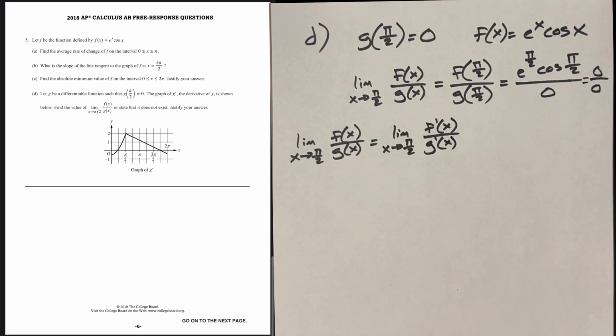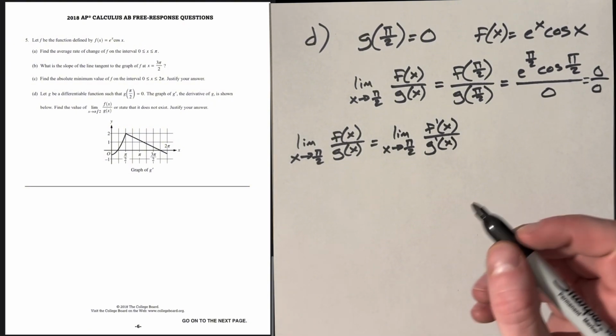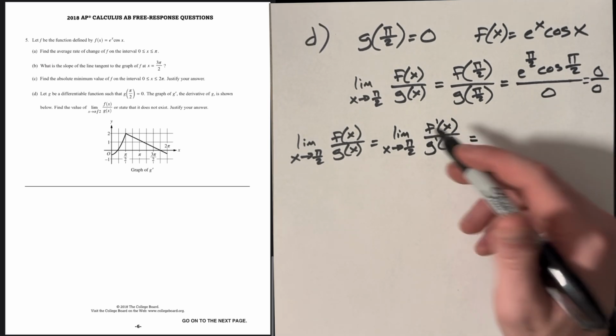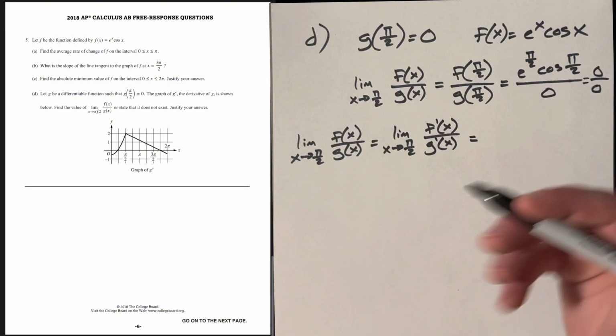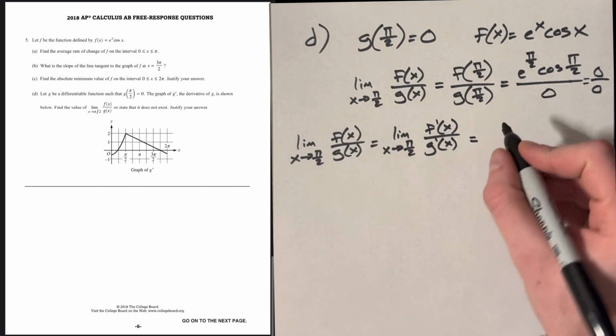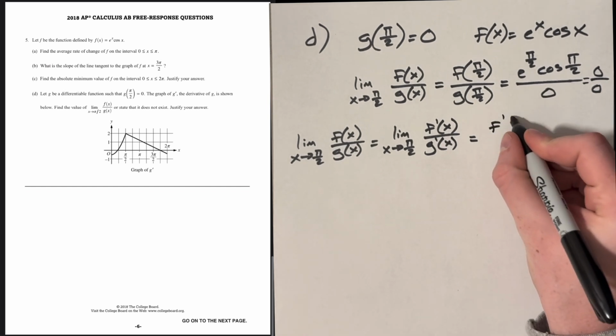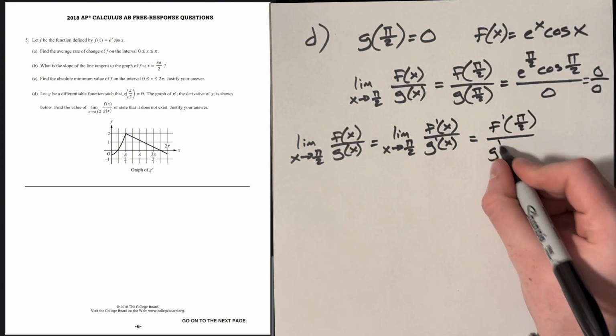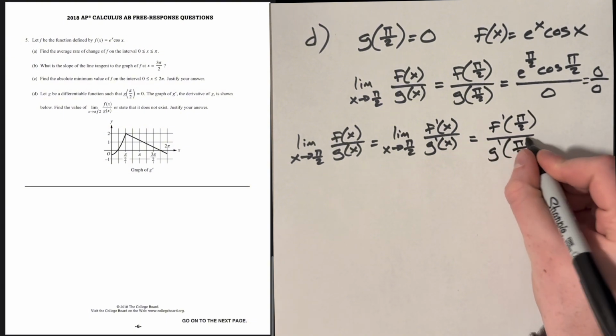Now, f prime of x, we have to flash back to part B and part C, where we were dealing with the derivative of f, which is f prime. But we're going to do our direct substitution step again. So this would equal f prime of pi over 2 over g prime of pi over 2.